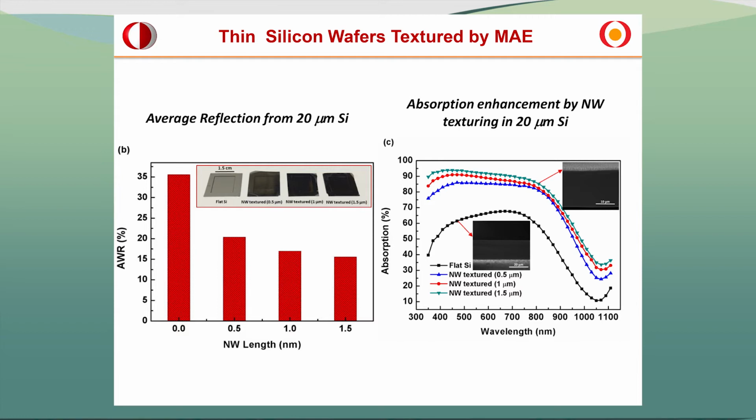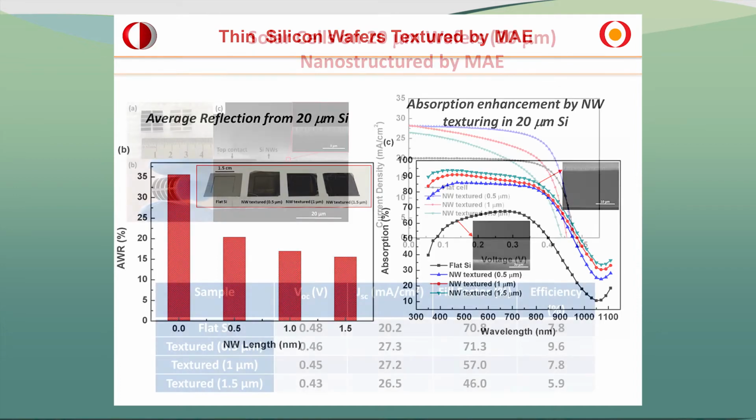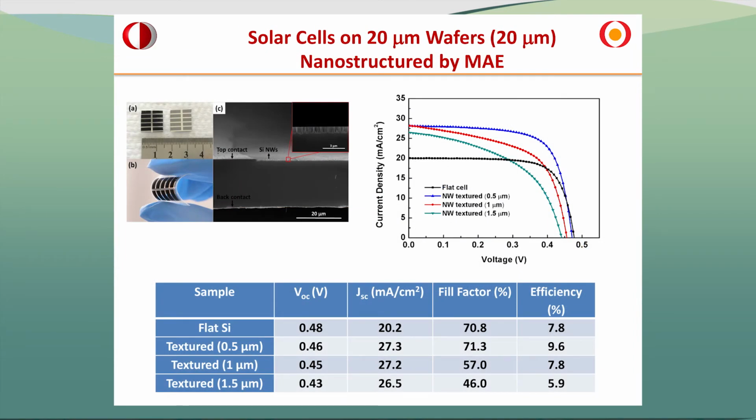We can control the reflection with the length of the nanowires, and you can see this from this absorption spectrum. The maximum absorption is obtained on the sample with the longest nanowires on the surface.